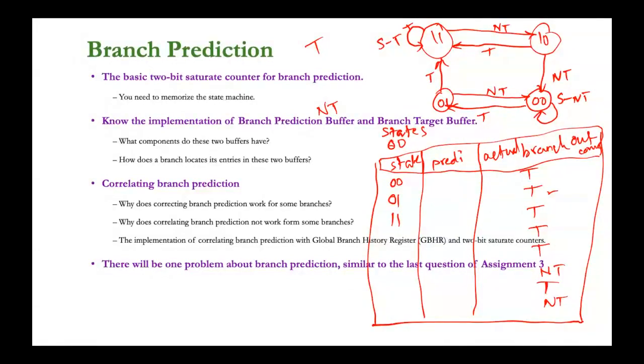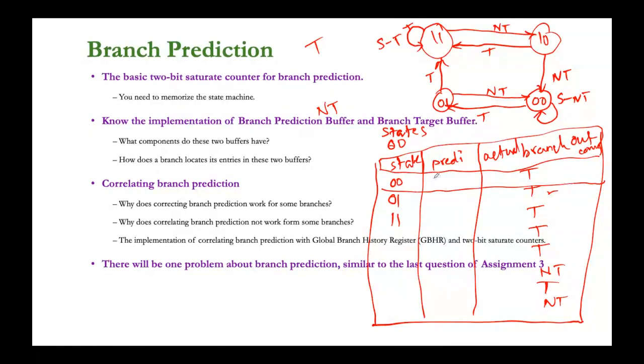Okay, great. Listen carefully. Initially we are at the 0 0 state and the branch outcome is taken. Let me change the color, blue color.